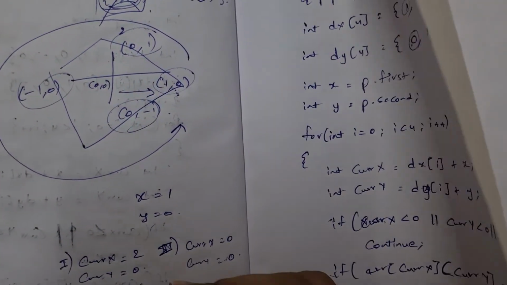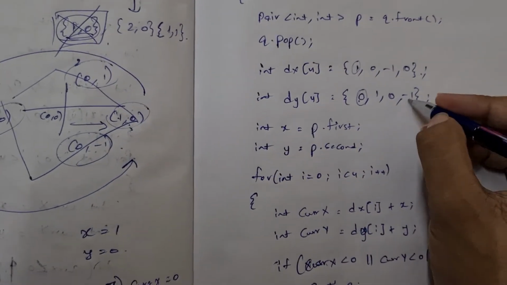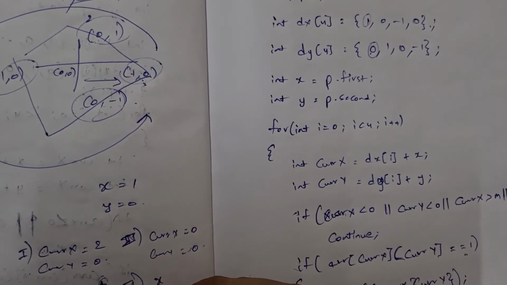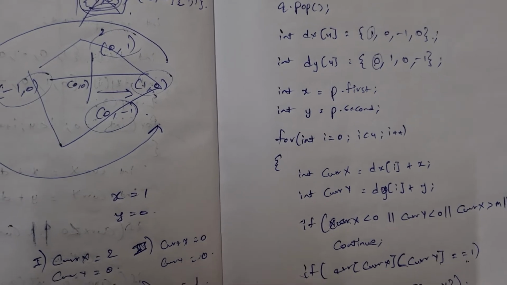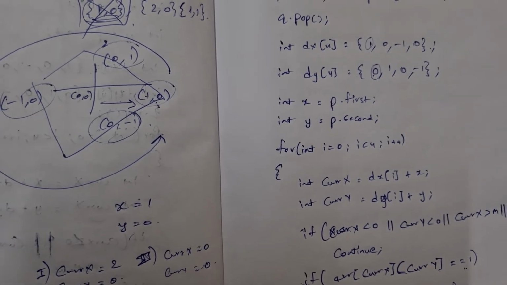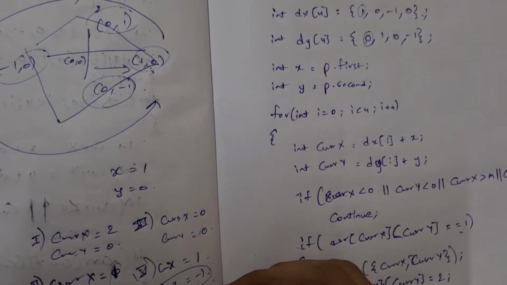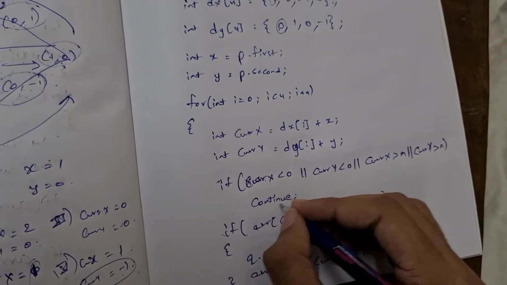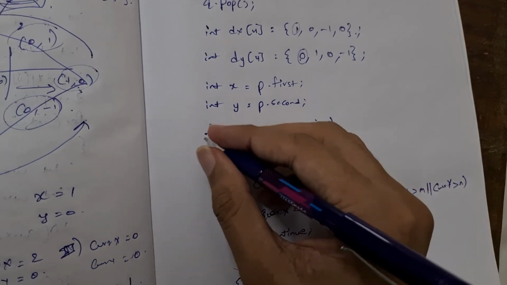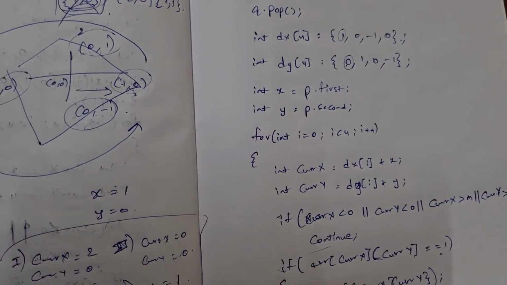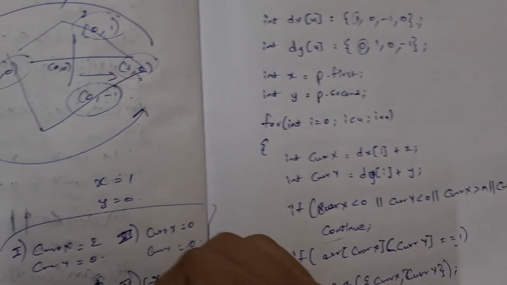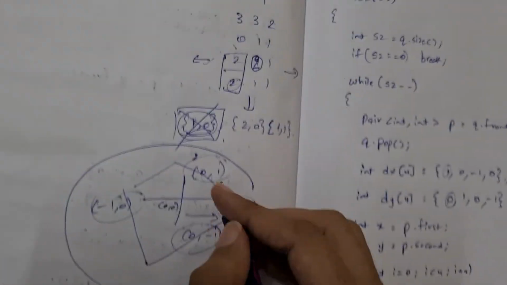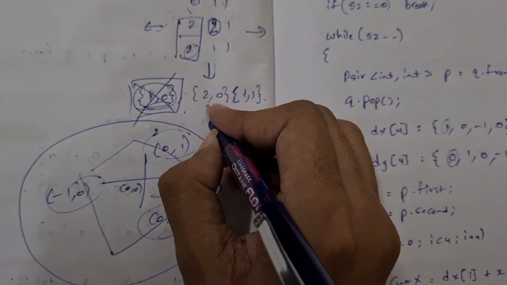And if I go to the 4th iteration, which is 0 and -1, current x will remain 1 while current y will become -1. This is out of the bounds, so we don't have to do anything, and we'll continue. We have done 4 iterations of the particular element. We have checked all the 4 adjacent elements, and then we will move on to the next element in the queue, which is 2 comma 0.